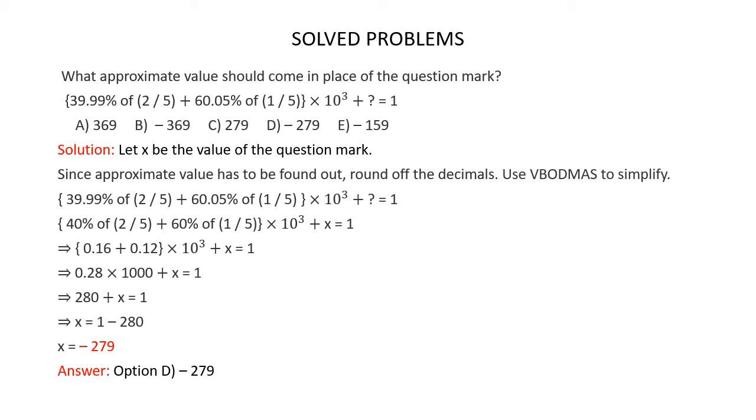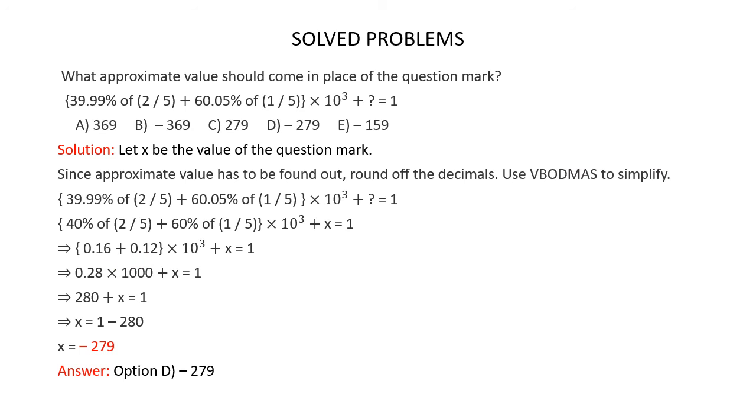Now, the first order of operation is to solve whatever is given within the brackets here. So, 40% of 2 by 5 is 0.16. 60% of 1 by 5 is 0.12. 0.16 plus 0.12 is 0.28.